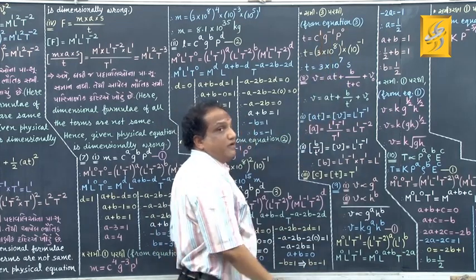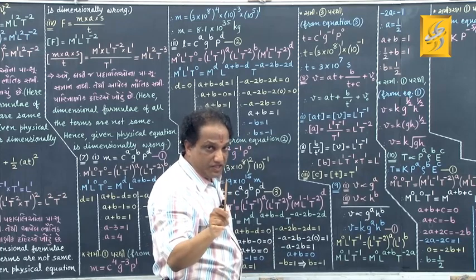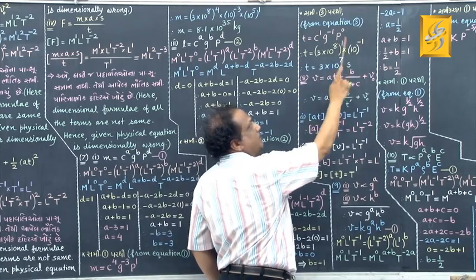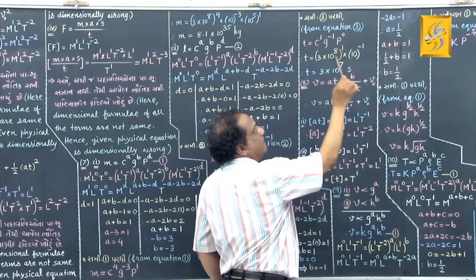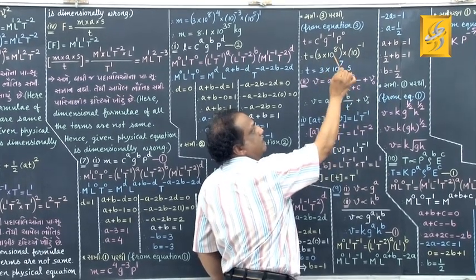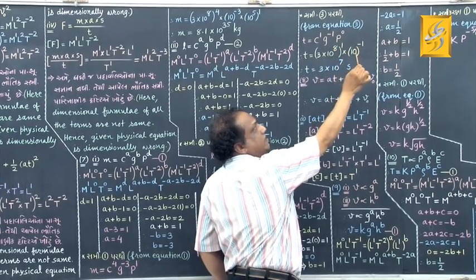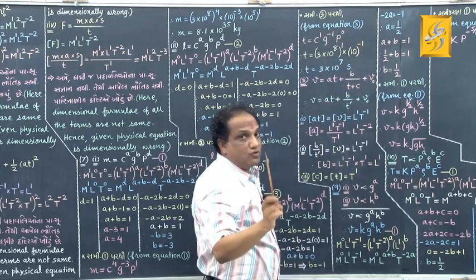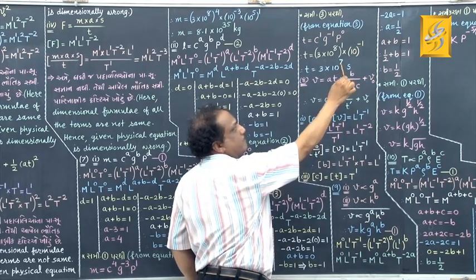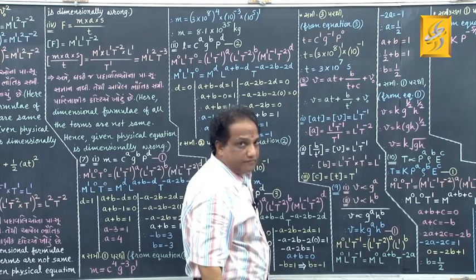What about acceleration due to gravity on the surface of earth? They have given in the statement 10 meter per second square, whole raised to minus 1. Now 3 as it is, 10 raised to 8 into 1, that is 8, and this is 10 raised to minus 1. 10 raised to 8 minus 1, that is 10 raised to 7, that many second.